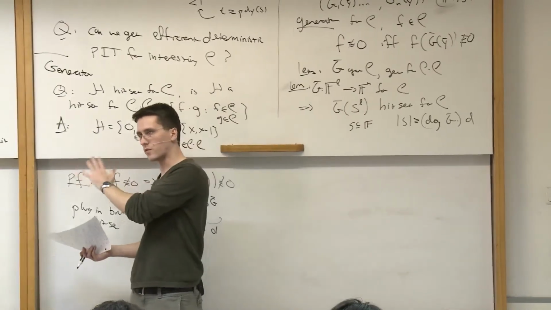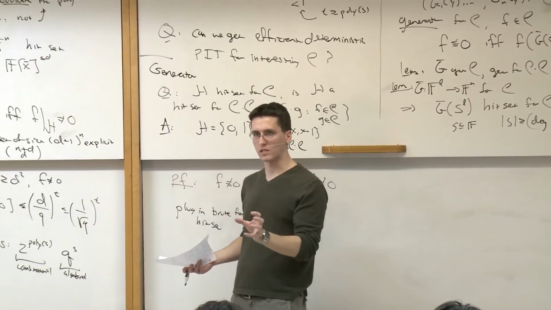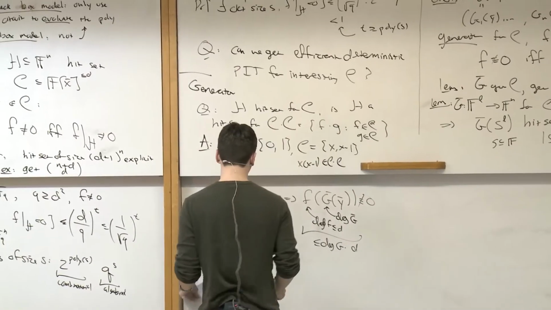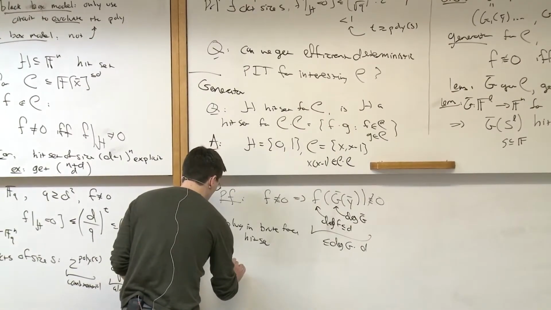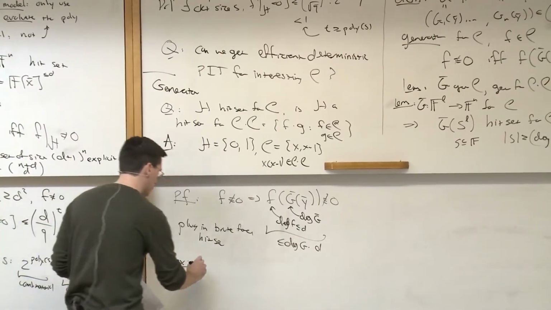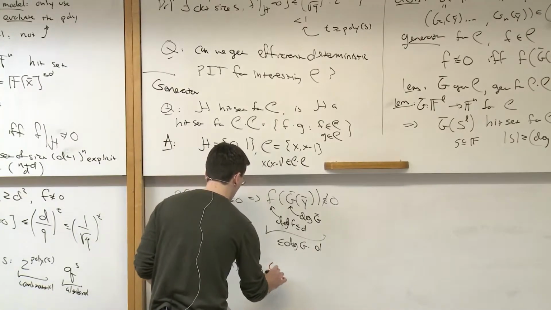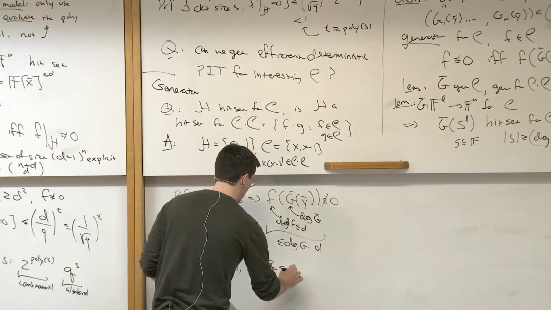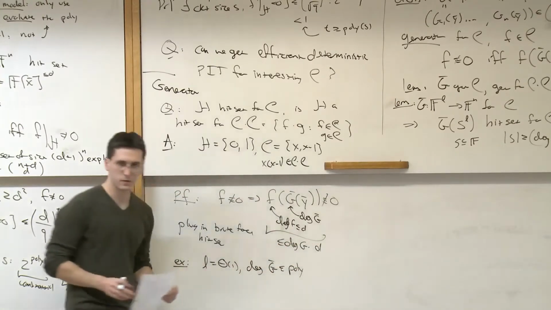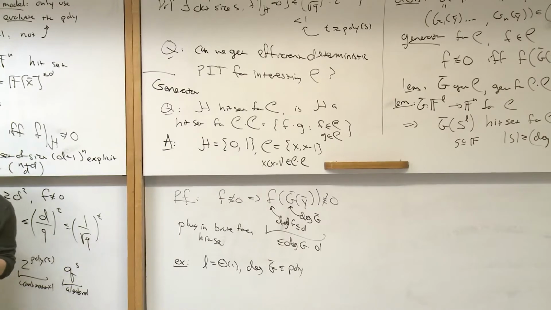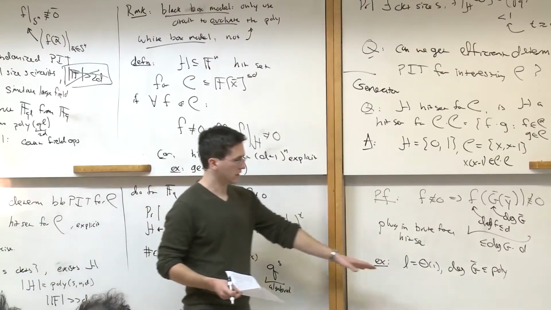So even though the brute force thing seems very stupid, if the number of variables you have is very, very small, that's great. The particular regime that's interesting here is that you typically want L to be constant, and you want the degree of the generator to be polynomial in the relevant parameters. This is a little bit different from Boolean complexity, where you're looking for a seed length which is logarithmic.